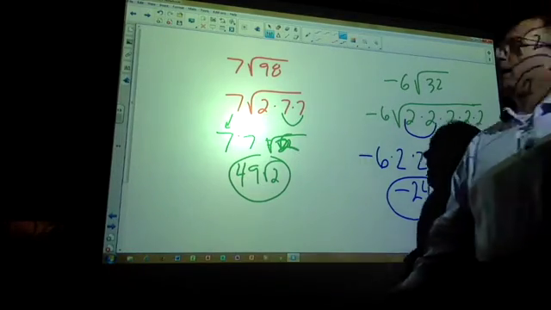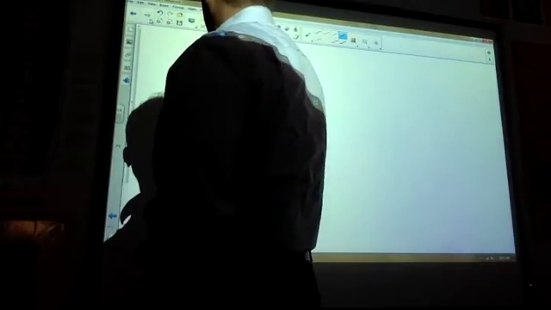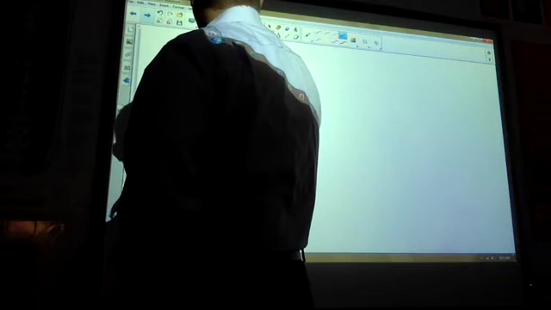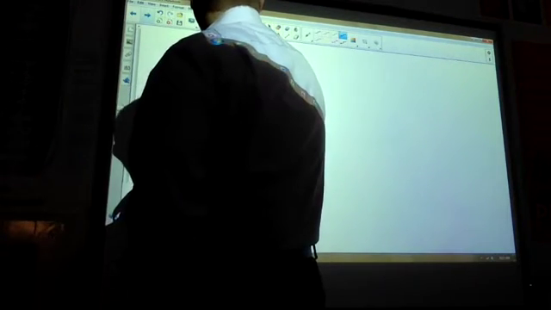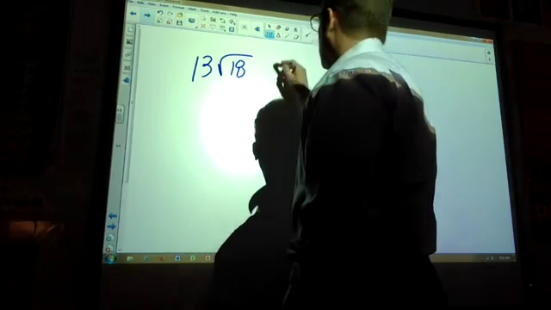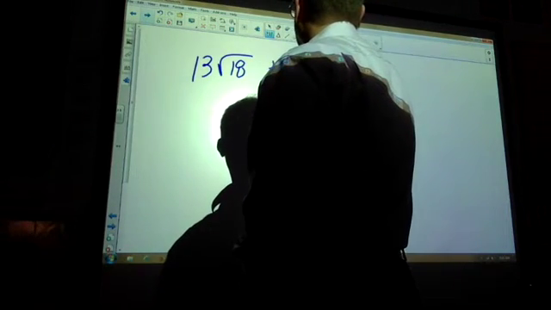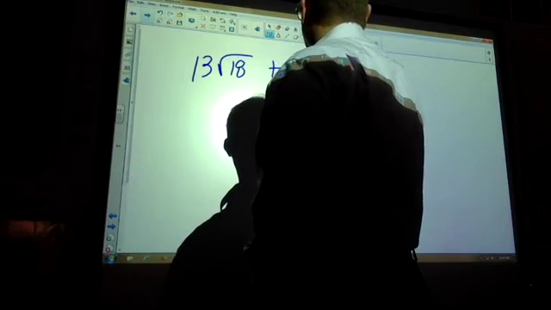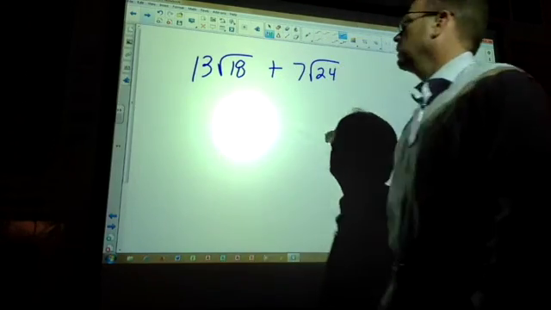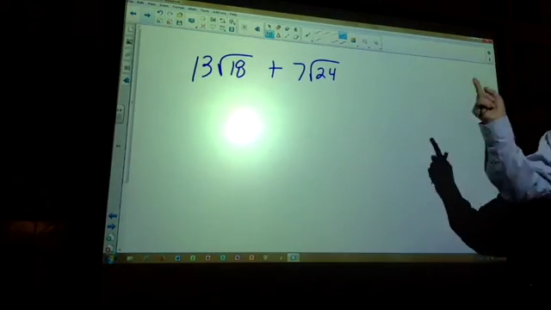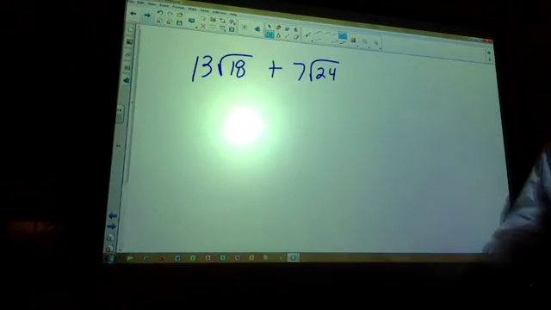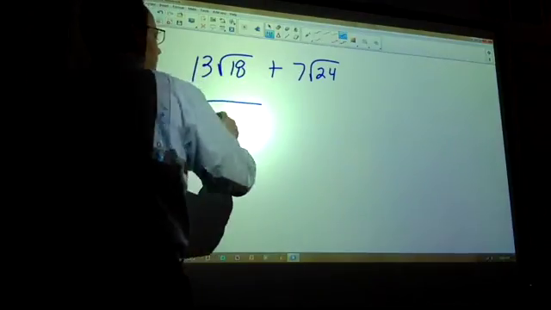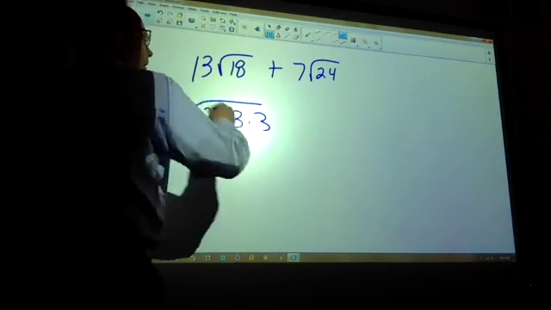So then you might also see ones like this where it might be 3 square root 18. Actually, let's go 13 square root 18 plus 7 square root 24. I cannot add them together because I have 2 different radicals. Agreed? Okay, so let's break things down. 18 breaks down to 2 times 9. 9 breaks down to 3 times 3.